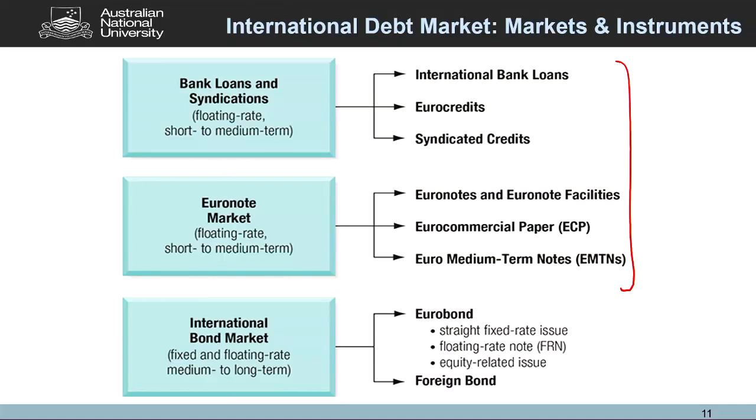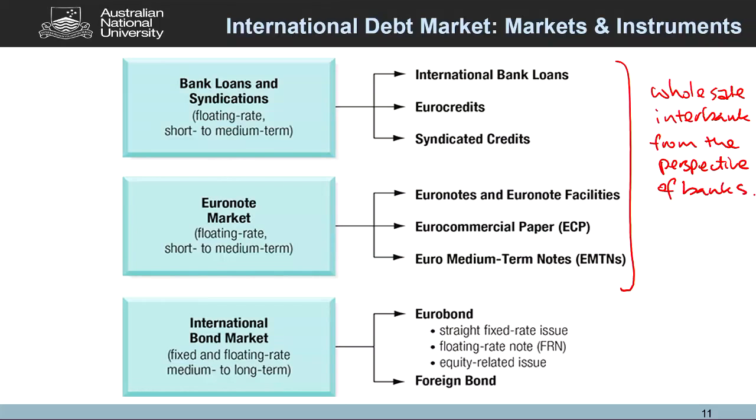So basically, we're taking this as the wholesale interbank market from the perspective of banks. And then we're going to be looking at the remainder of the debt market, which is the international bond market.